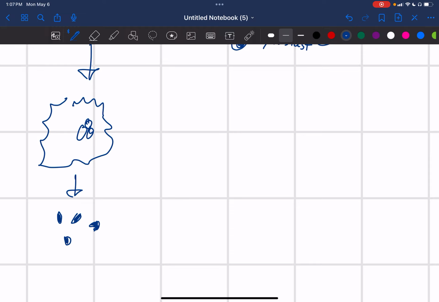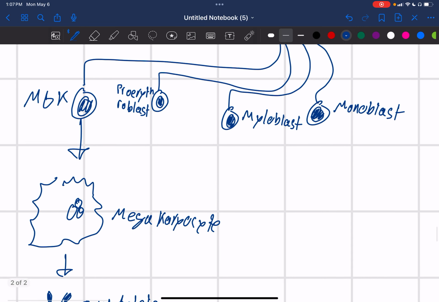So if we have a lack of platelets in our blood, then we're more prone to bleeding out. So these platelets are extremely important. Platelets, and then megakaryocytes.